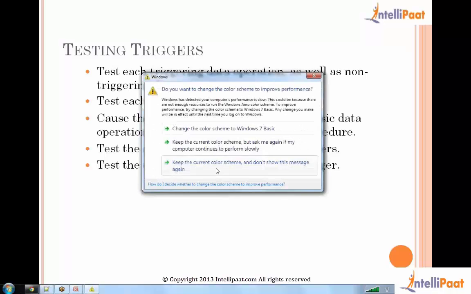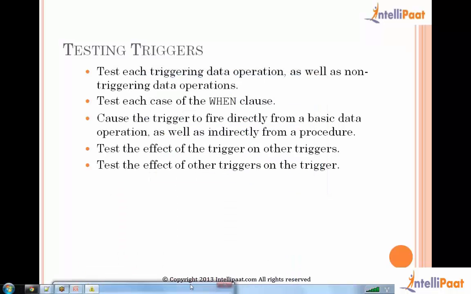And in the update, you try to insert something in some other table. You need not write update on the employee table. You can try to insert into the department table. So a trigger should not fire.